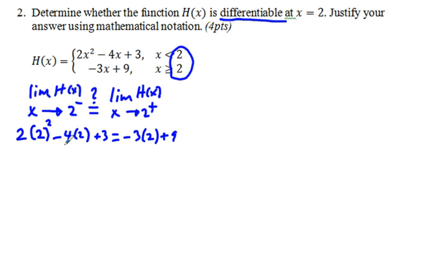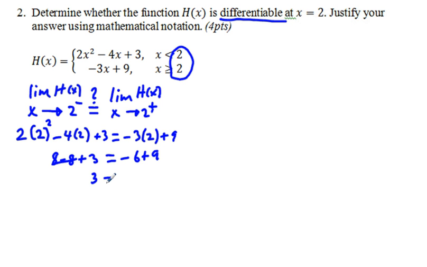Now, simplifying the left side, we're going to have 2 times 2 squared, which is 8, and negative 4 times 2 is negative 8. So we have 8 minus 8 plus 3 equals negative 3 times 2 is negative 6 plus 9. And so 8 minus 8 cancel.